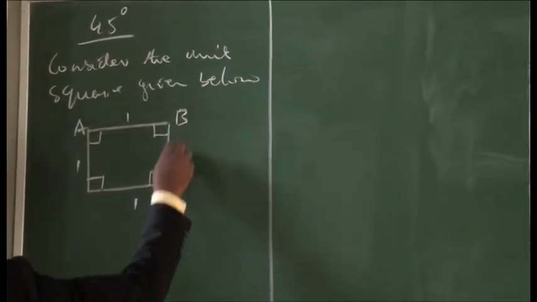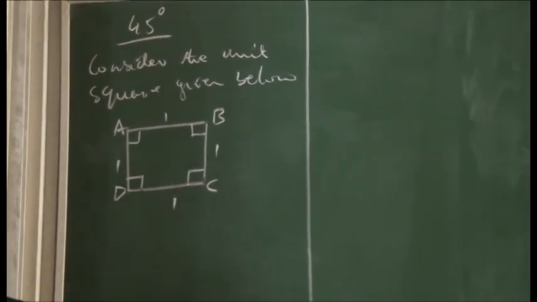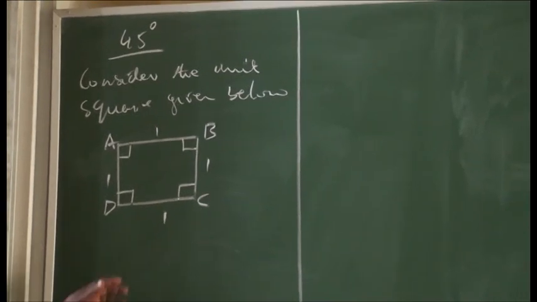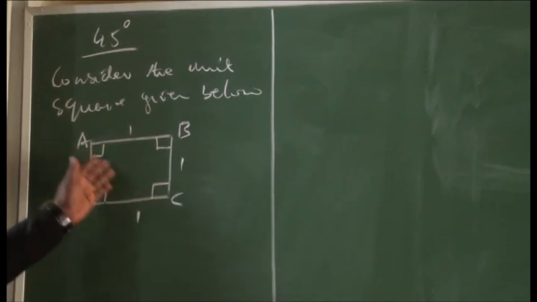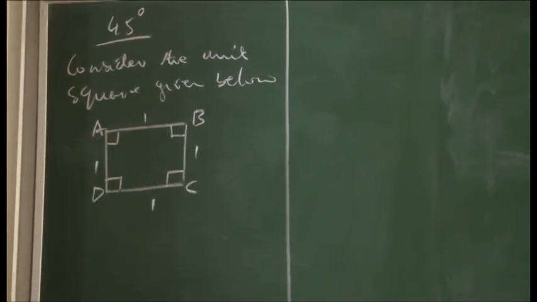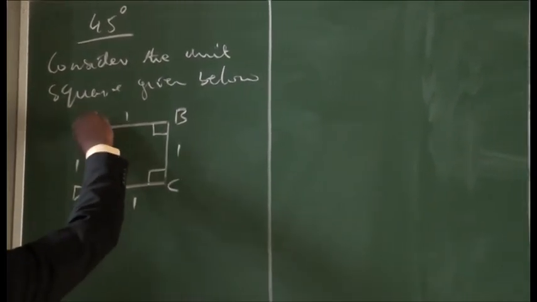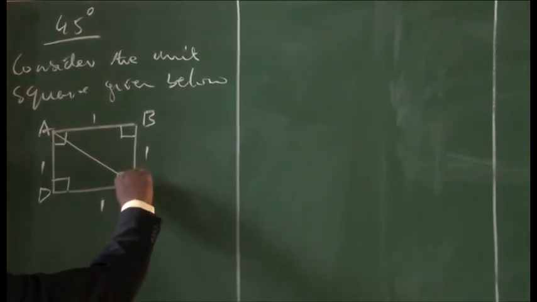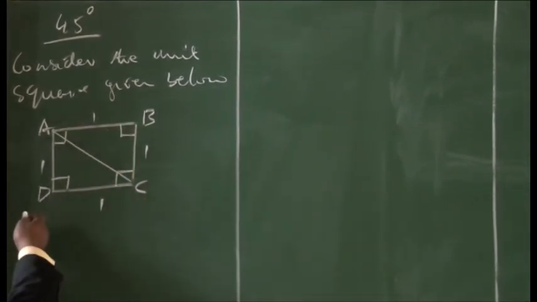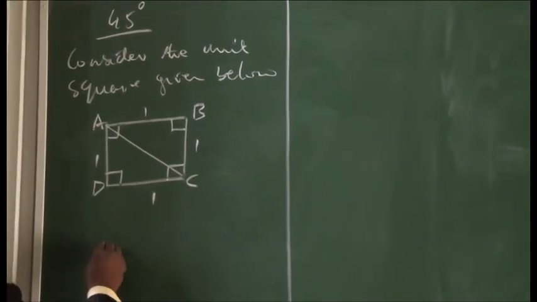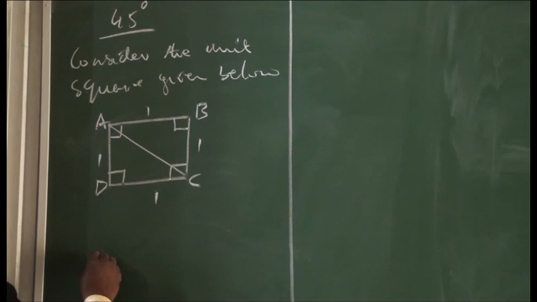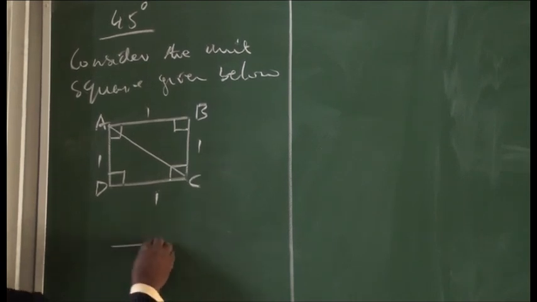A, B, C, D. Now, if I diagonalize the square, I will have it in this form. This will divide this. You can also diagonalize it this way. Then I will have a triangle of this form.